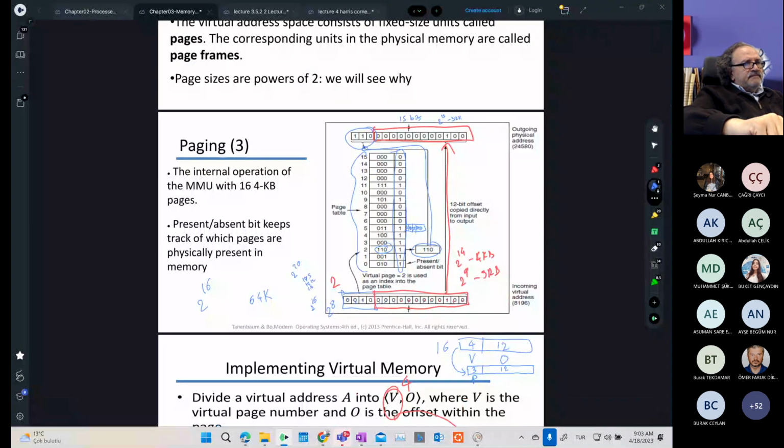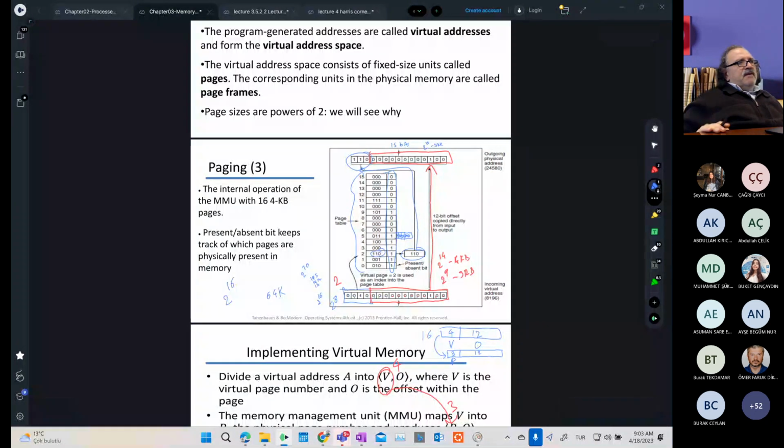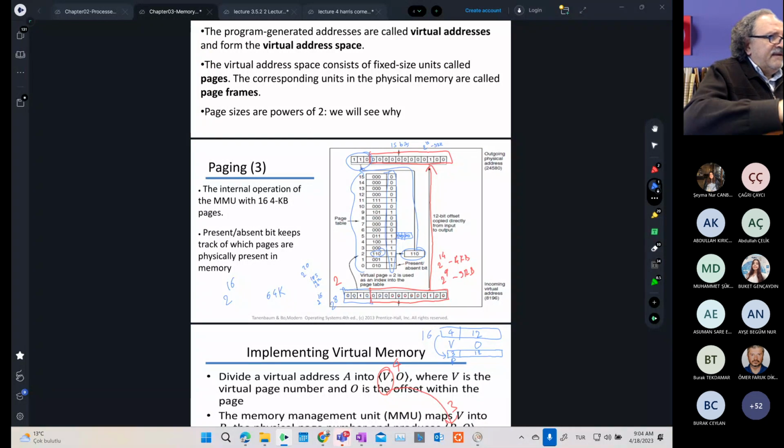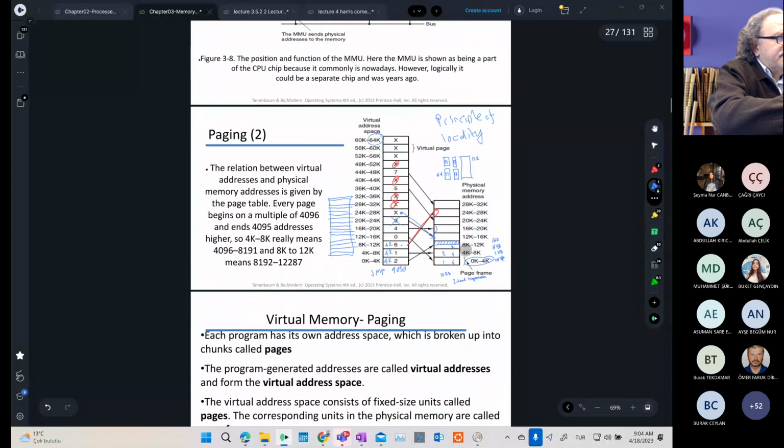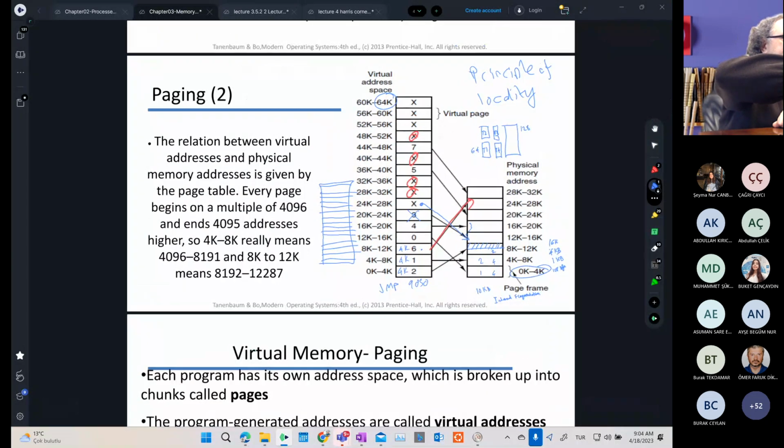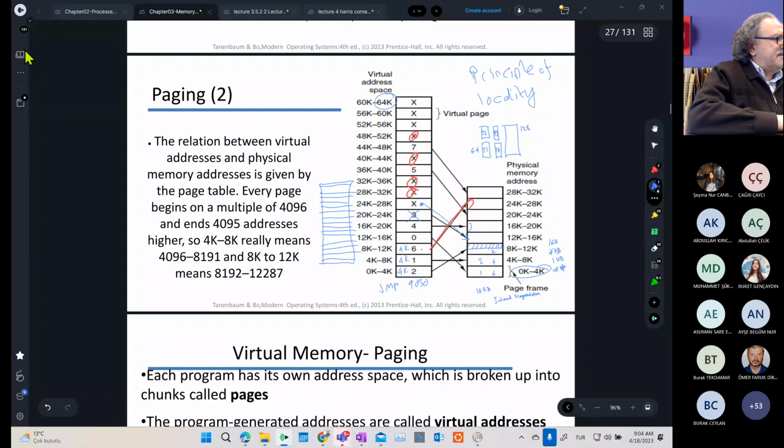Okay. So, let's do this exactly the same thing. Here I have a 16-bit virtual address space.